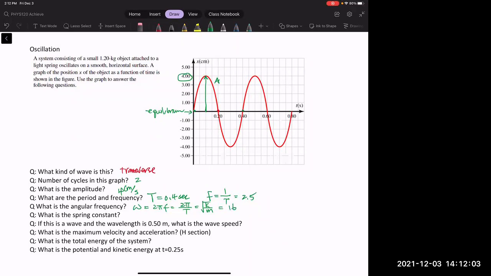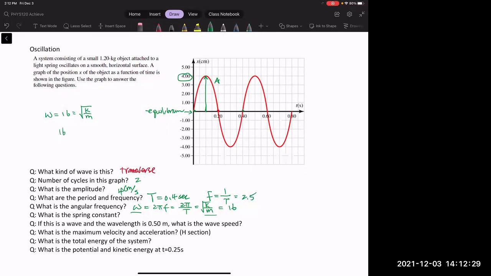The next one that we're going to do is the spring constant. How do we get spring constant? The spring constant comes out from here. So you have omega equal to 16 equal to square root of k over m. And do we know m? m is 1.2.